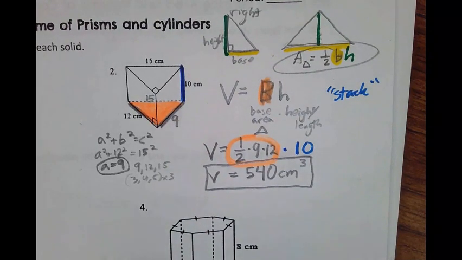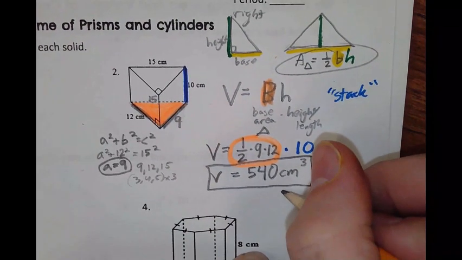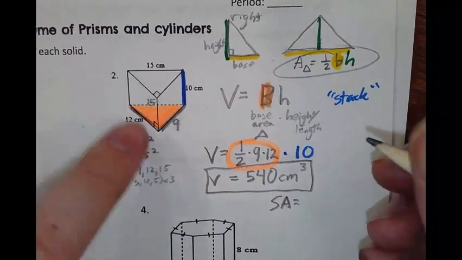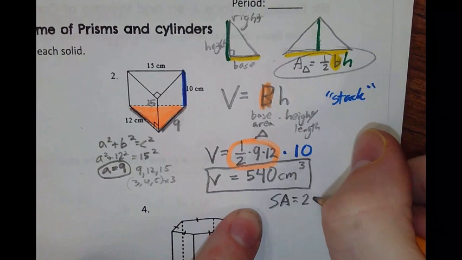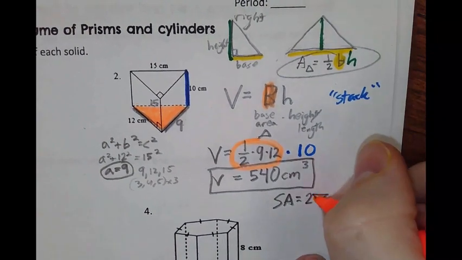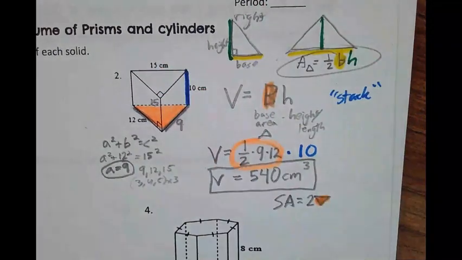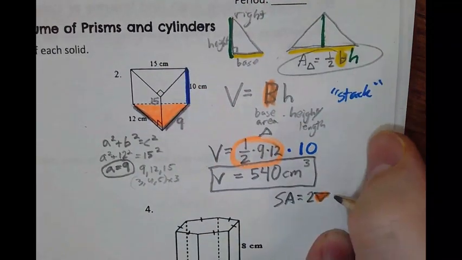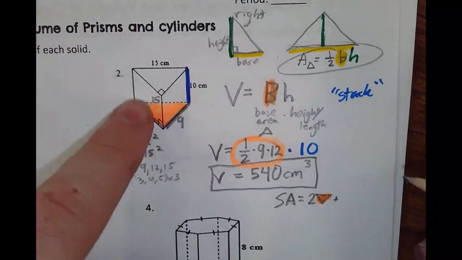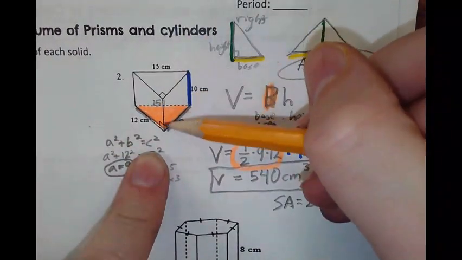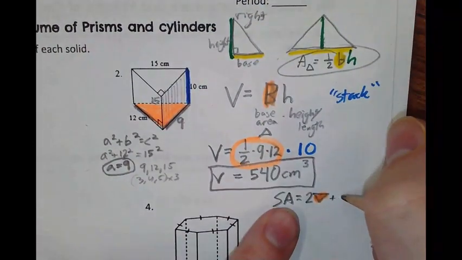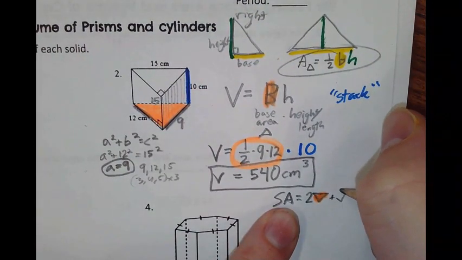Okay, now for surface area, we're going to have to calculate the area of two base triangles shown there. And we're also going to have to figure out the area of the remaining figures. So if you can see here, we do have a rectangle on the right side, sort of like that.